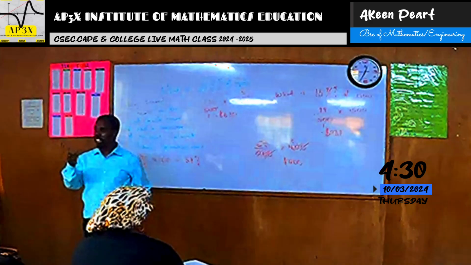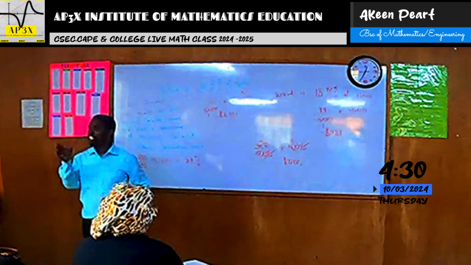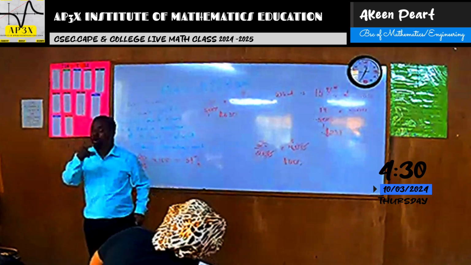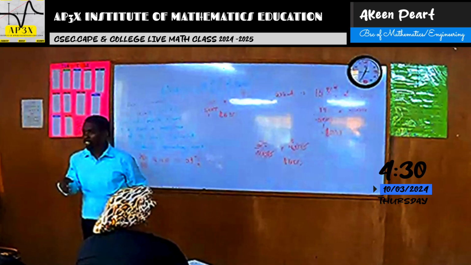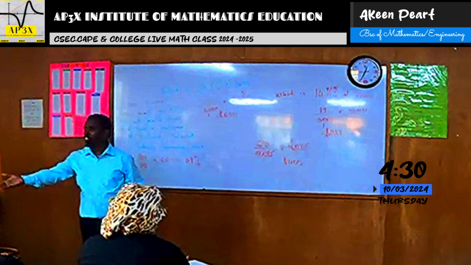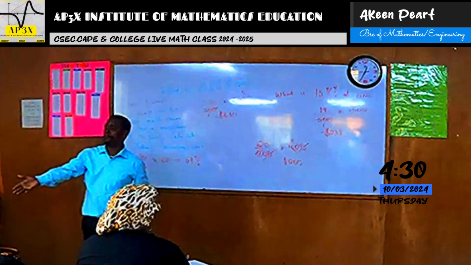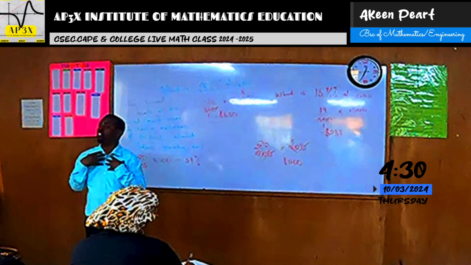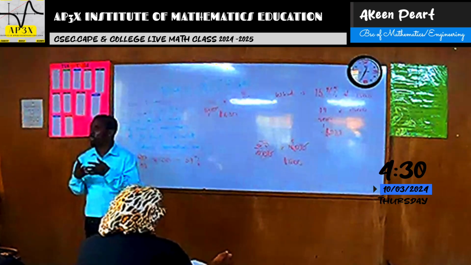Yeah, 24? Right, so this is where the English comes in. The 25 represents how much she read. The question says how much she has left to read. I told you she read 47 pages out of the 190.